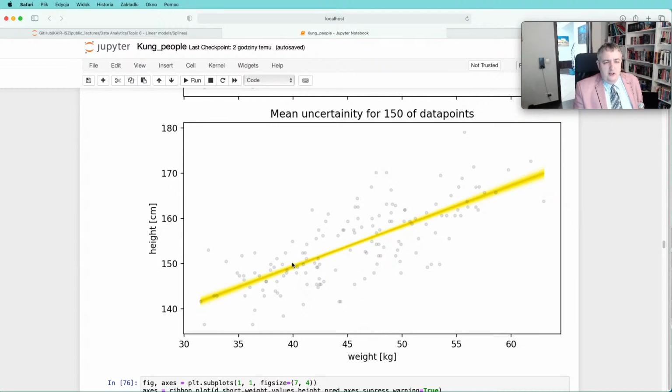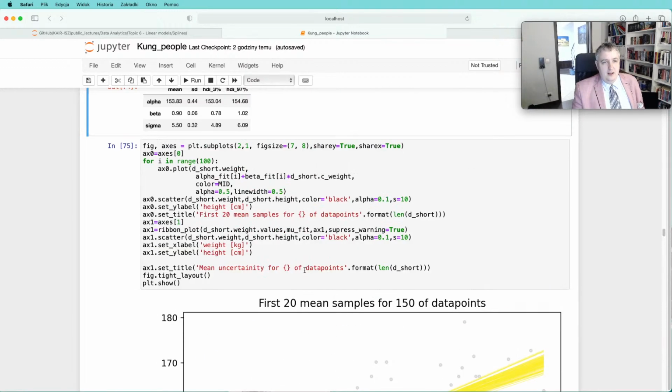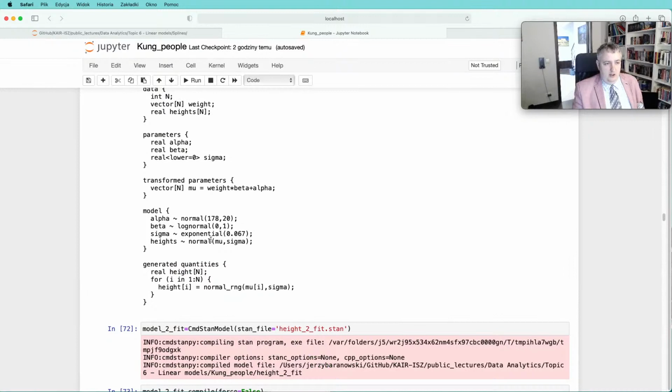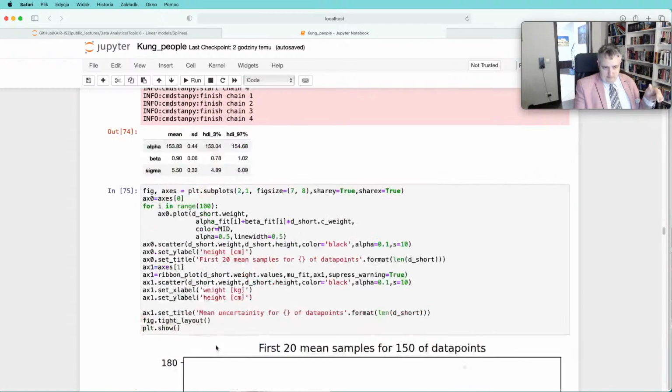So this is the distribution of the weight relationship on the mean of height distribution. Remember, this is not an actual prediction. This is the parameter of the distribution. This is the distribution of mu as a function of weight.